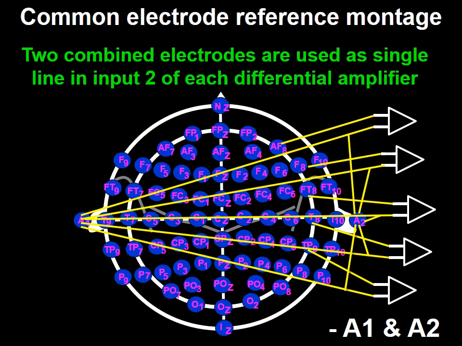Here I have represented this possibility as bilateral ear connections, that is, as A1 and A2 being put together into one line and connecting it to all input 2 of all the amplifiers.